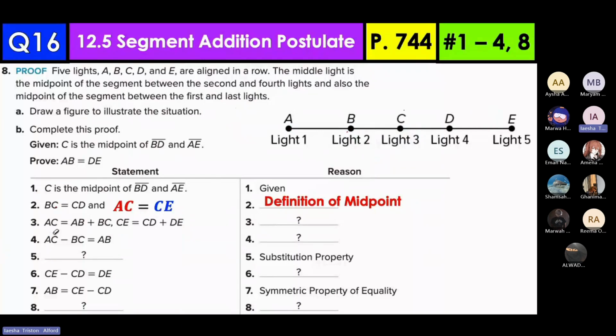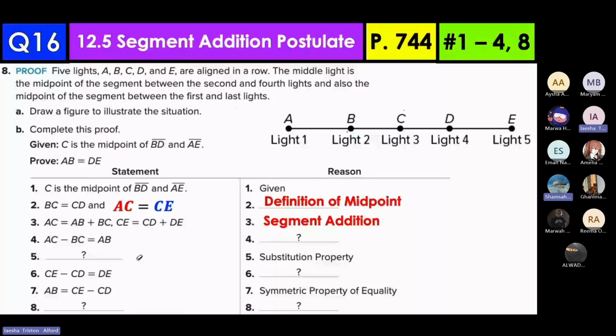Then you have AC is equal to AB plus BC. Anybody vocab? Segment addition. Then what did we change? What happened here?